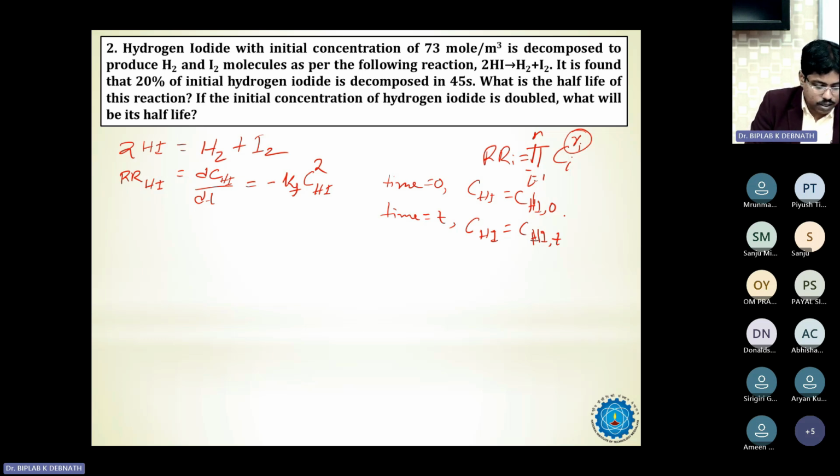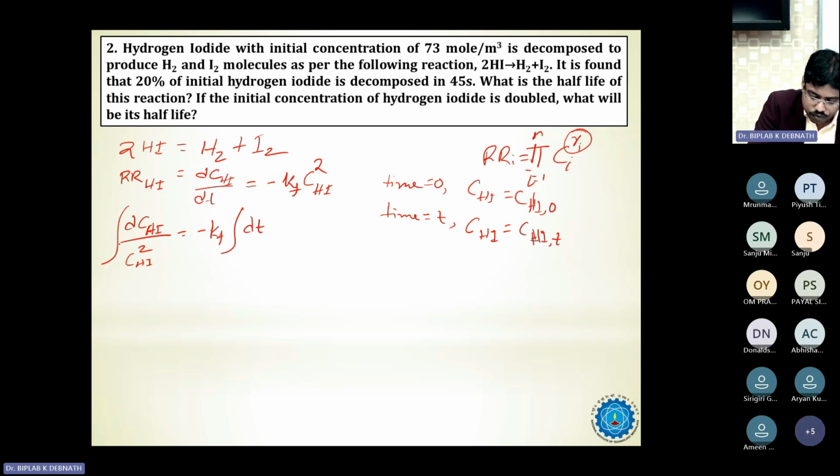So if it is the case, then let us do the integration. How will we do the integration? We'll bring this dCHI divided by CHI square is equal to minus Kf into integration of dt.